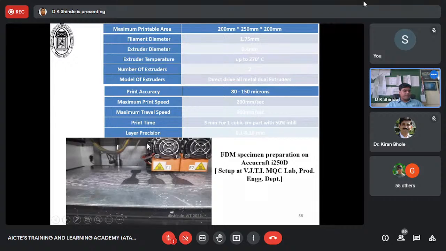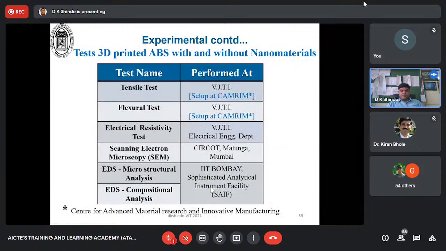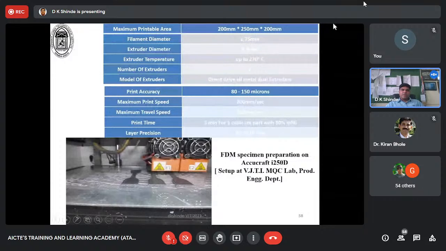So we directly 3D printed dogbone shaped coupons of natural ABS and 0.1, 0.2, 0.3 weight percentages of those spools. These are a few of the processing parameters.